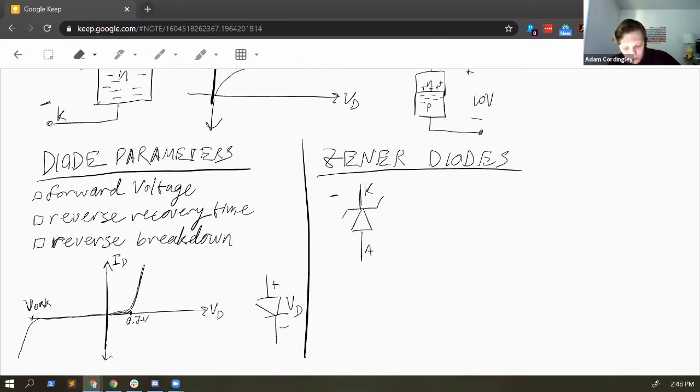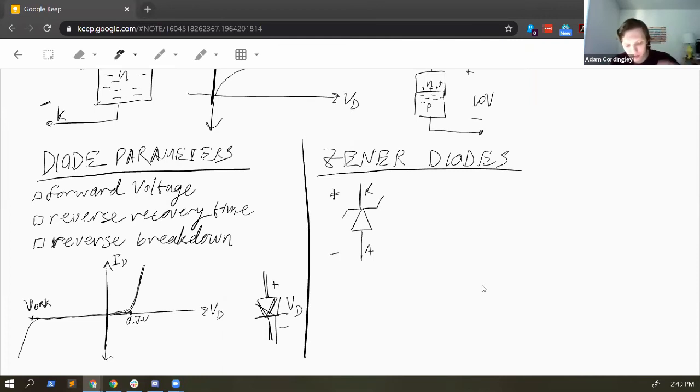But when the voltage across it is reversed like this, it's designed to break down at a very specific, usually fairly low voltage. For a standard issue silicon diode, your breakdown voltage might be like 100 volts, but for a Zener, it may very well be like 5 volts or 15 volts.